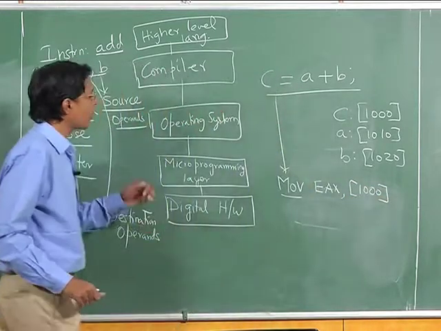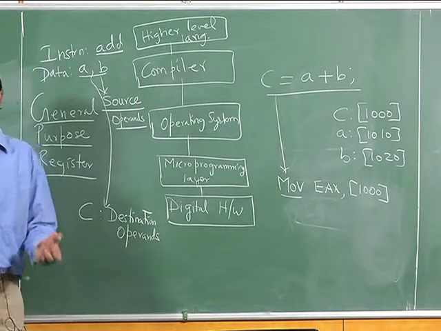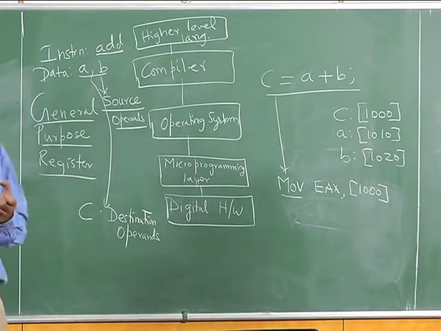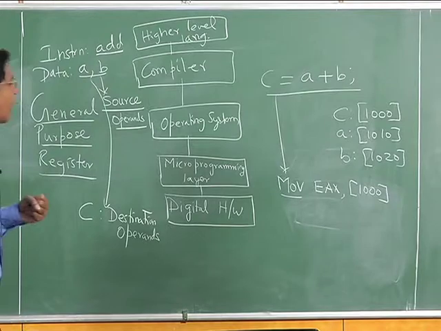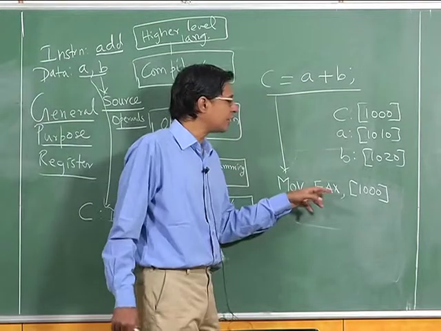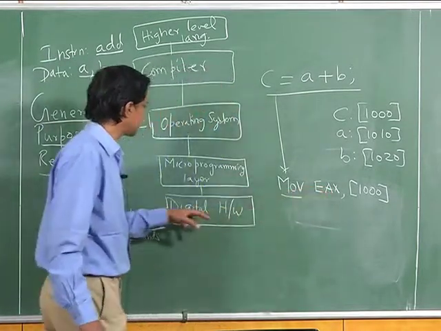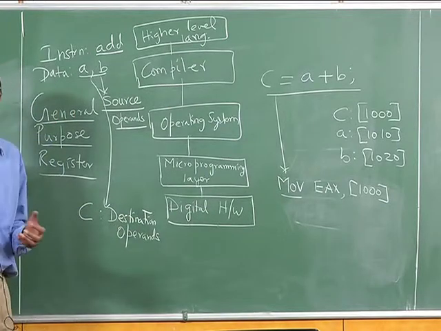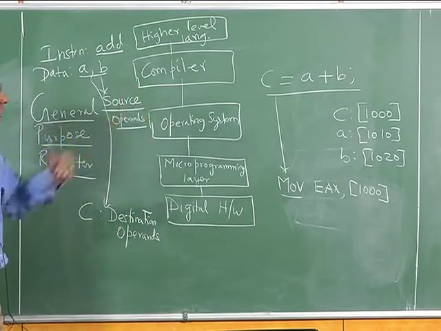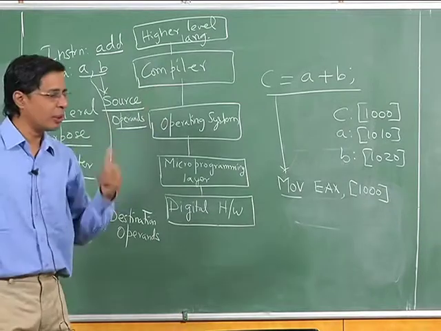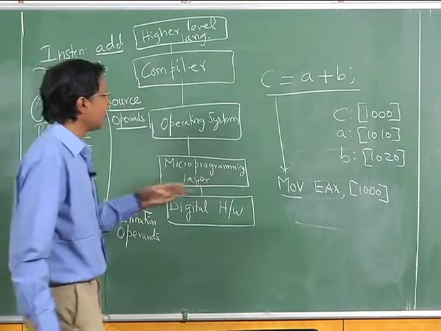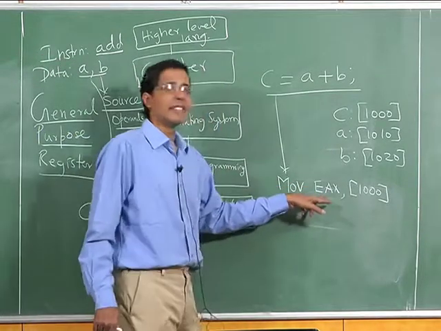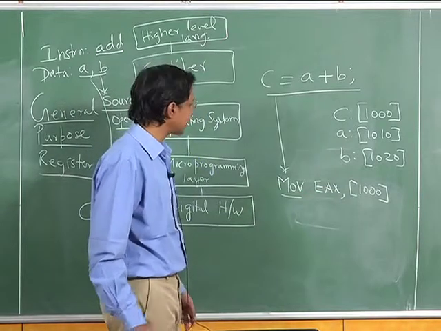That means from the random access memory go to the location 1000, get the data and move it to a register called EAX. This register is inside the CPU. So from the memory that is external to the CPU, you are getting the data and storing it in a general purpose register called EAX.